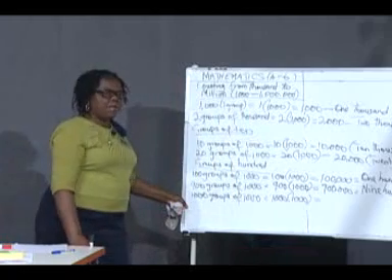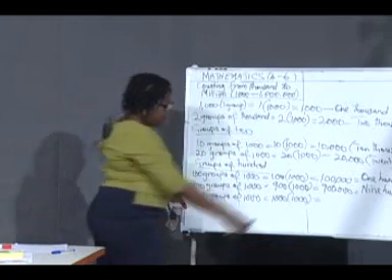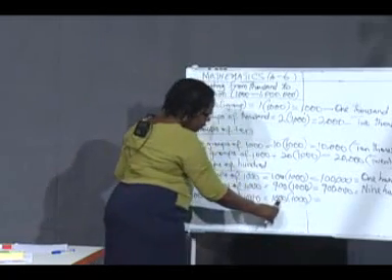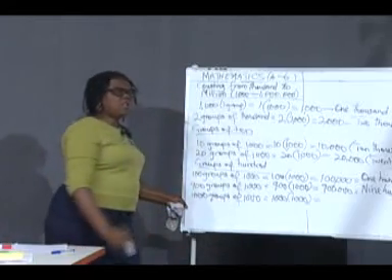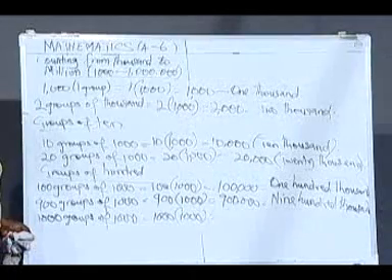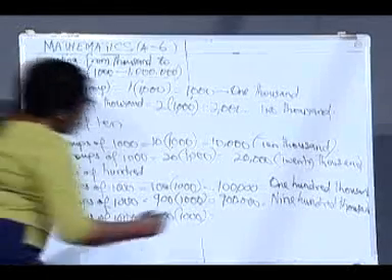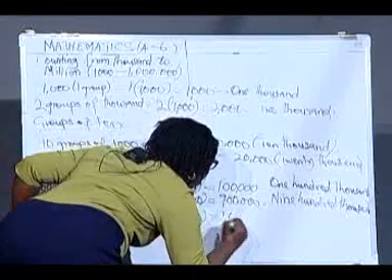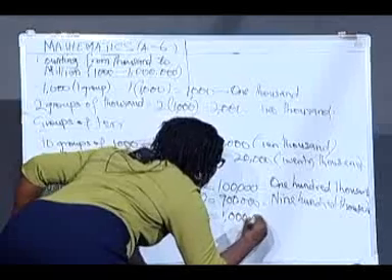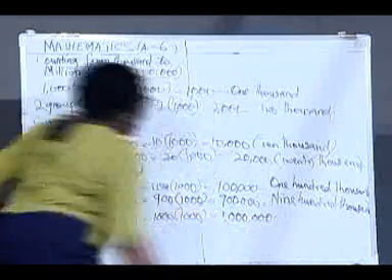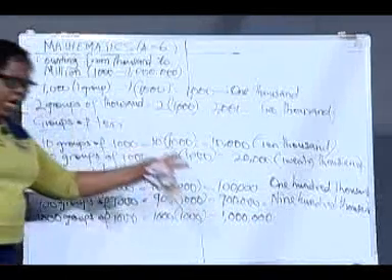What will it be? How many zeros? 1, 2, 3, 1, 2, 3. So it is going to comprise 6 zeros and then 1, because 1 times 1 is 1. Okay, let's put it down. 1, then 1, 2, 3, 1, 2, 3. And children, this is 1 million.